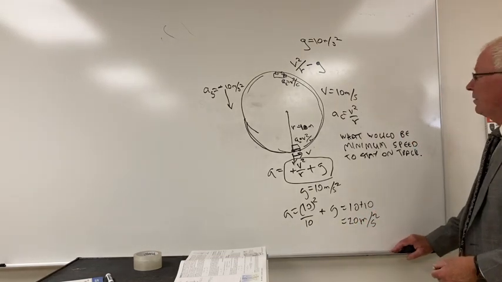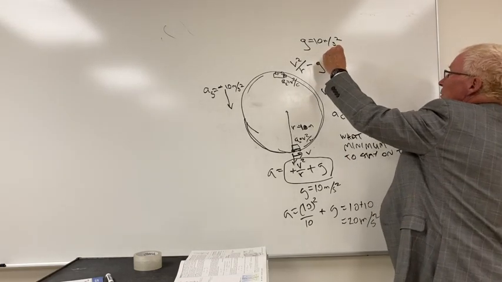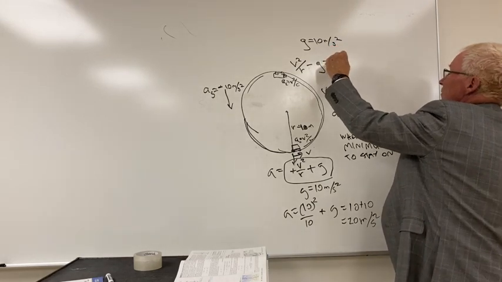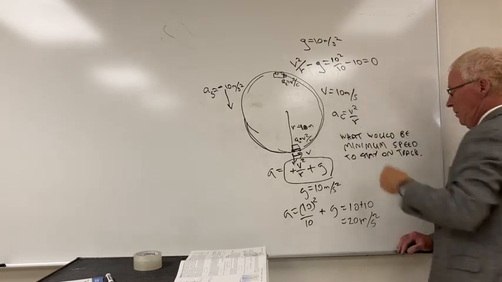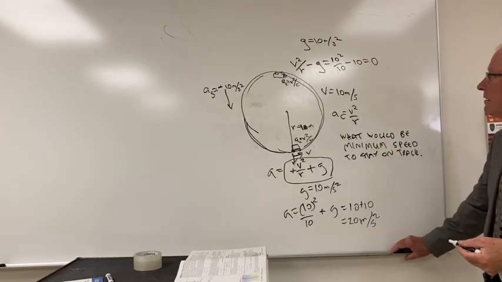I think I picked the wrong number here. At the top, it's going to be v squared over r, 10 squared over 10 minus 10, which turns out to be 0. So it turns out that's the minimum speed to do that.